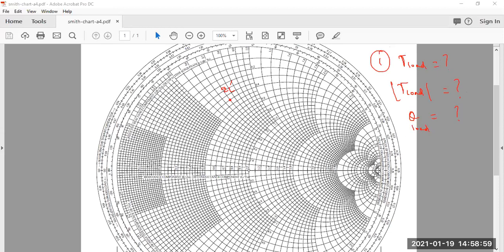So these are two unknowns that we need to find out. Let me talk about this in the next session because the 40 minutes time limit is about to finish. So let me continue this discussion in the next session.